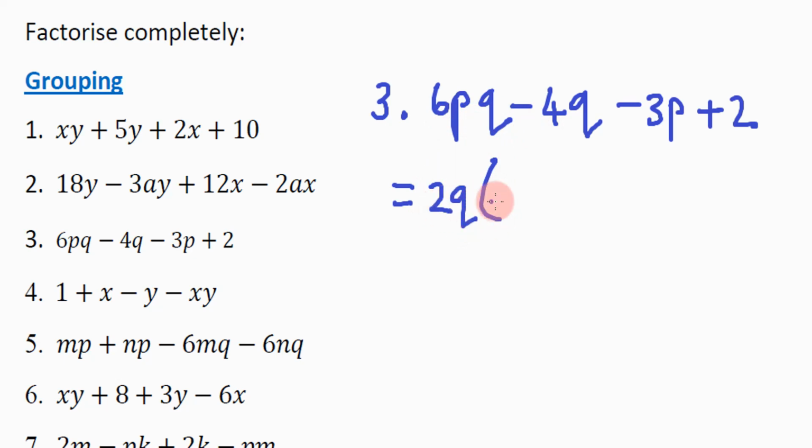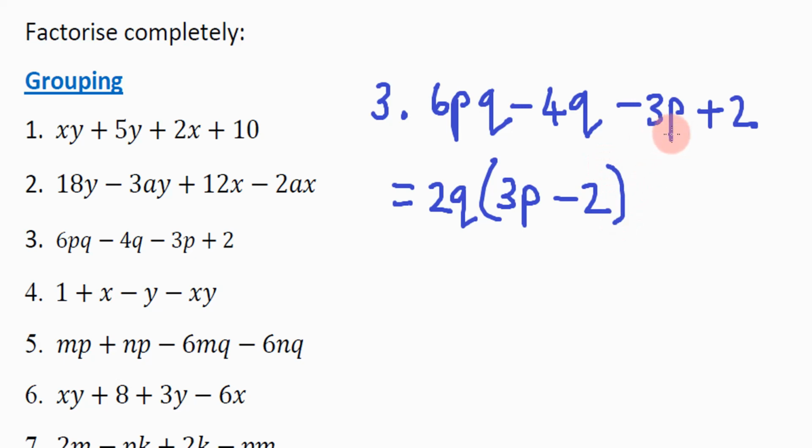So 2q times what will give us 6pq? Well, 2 into 6 thrice, and then we will need a p. So 2q times 3p will give us 6pq. Then 2 into 4 twice, q into q once, so we're left only with 2.